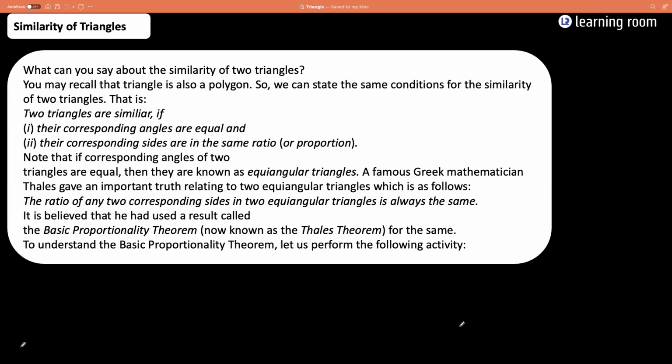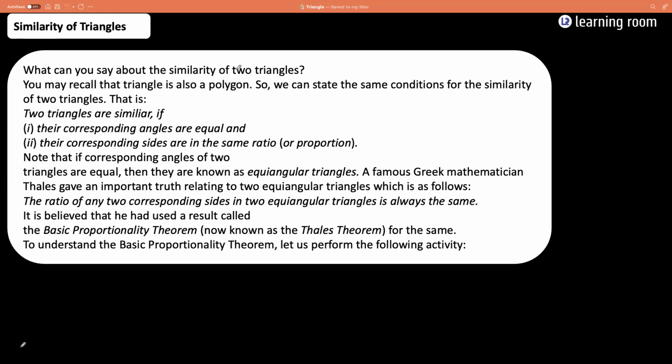So when can you say that two triangles are similar? What is the basic condition for the two triangles to be similar in nature? One angle of one triangle should be equal to the same angle of another triangle, and it's the same with all three angles.